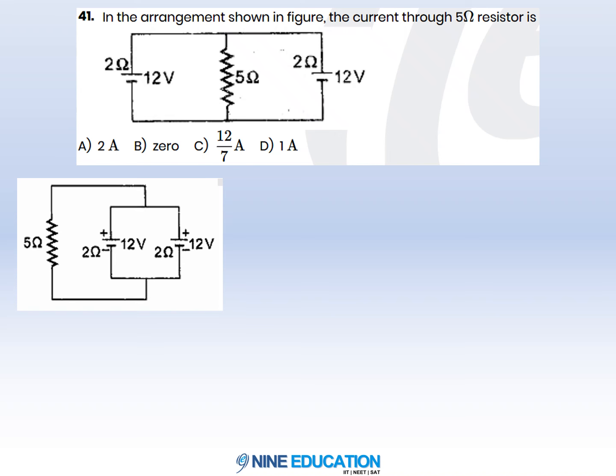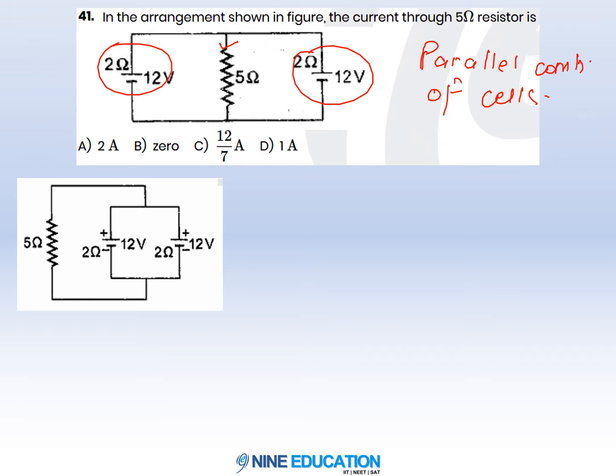In this question, we have to find the current through the 5 ohm resistor. Here we can see this is a parallel combination of cells. For a parallel combination, we know E effective is E1 upon R1 plus E2 upon R2, upon 1 upon R1 plus 1 upon R2.